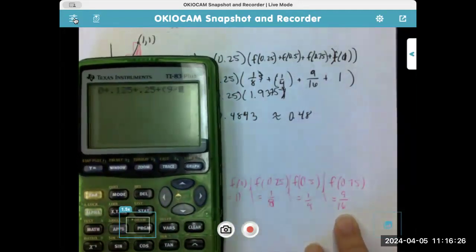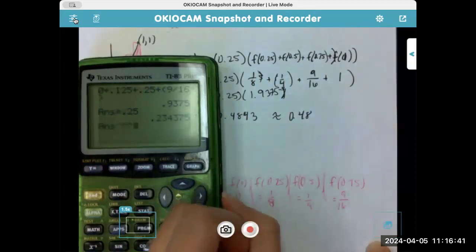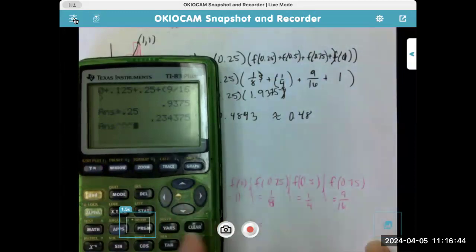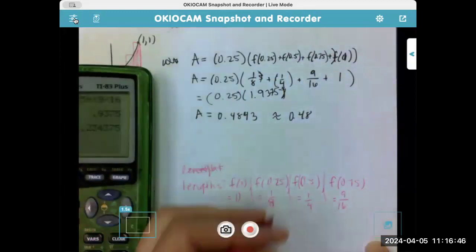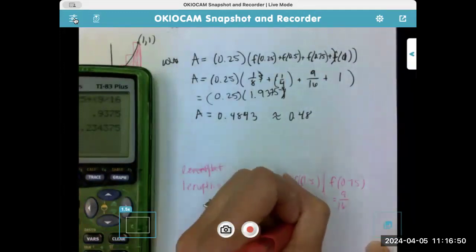Plus 9 divided by 16 is 0.9375 times the 0.25. There we go. So here the area is approximated, let's say, to 0.23.